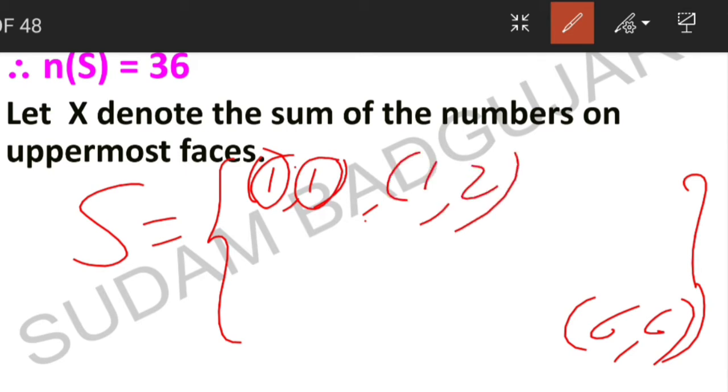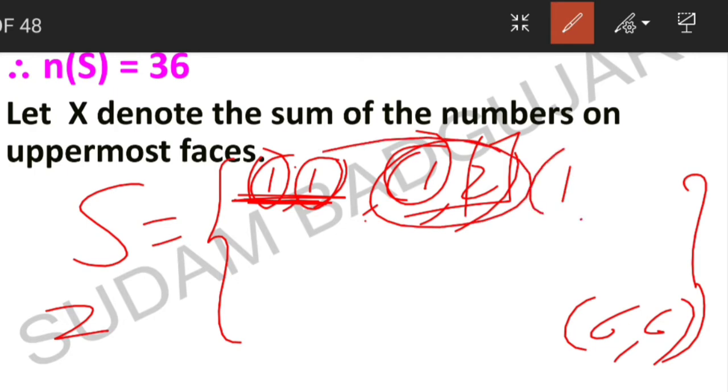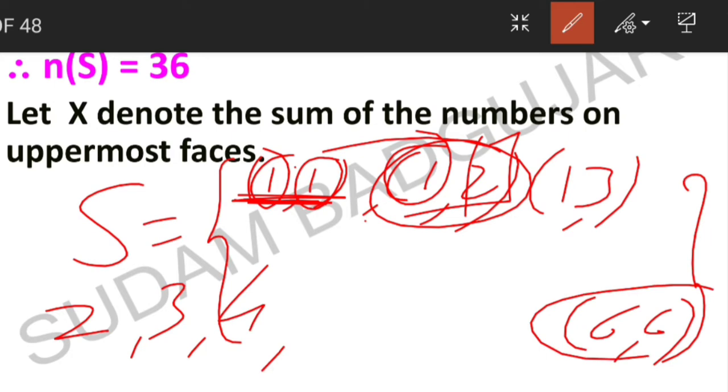Second possibility (1,2), first shows 1 and another face shows 2. So their addition is 3. Here 1 plus 2 is 3, 1 plus 3 is 4 and 6 plus 6 last is 12.